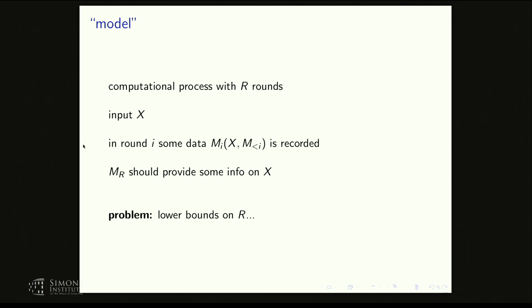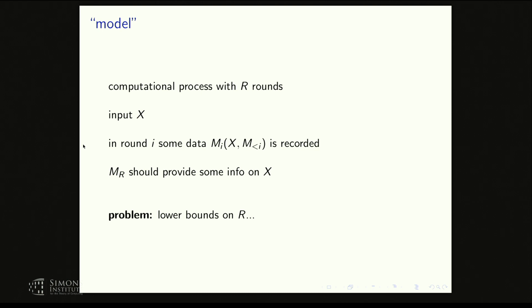So round elimination is a very simplistic model, or maybe to actually make it into a model you need to say more things. But there is some computational process, and it operates in rounds. And in every round, it says something. So in round i, it says Mi. Mi depends on the input x and what happened before. And the last message, Mr, or the last thing that happened, should tell you something about the input x.